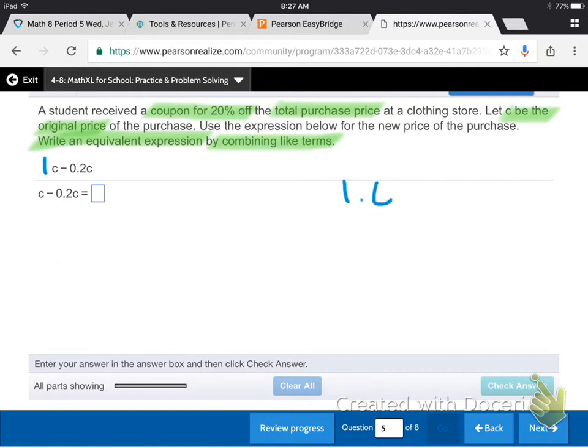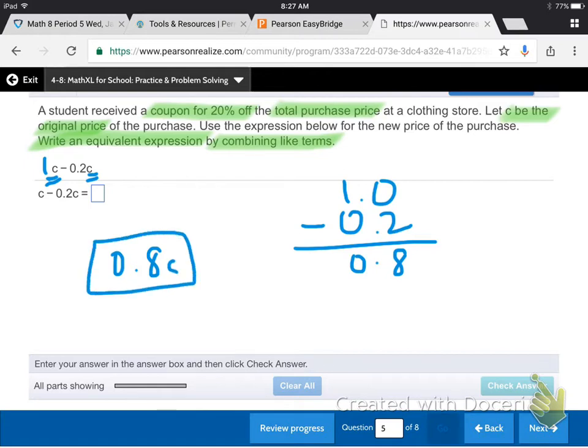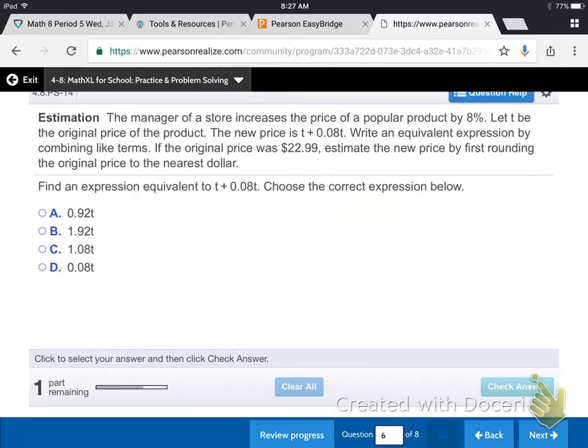And you know 10 minus 2 is 8, so there you go, 0.8. And they're both like terms with the variable C. Do you see that? Of course you do. And so the answer is 0.8C. So easy.